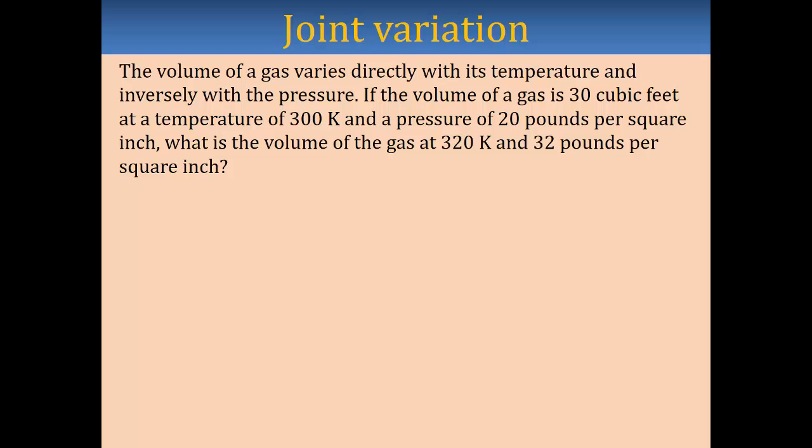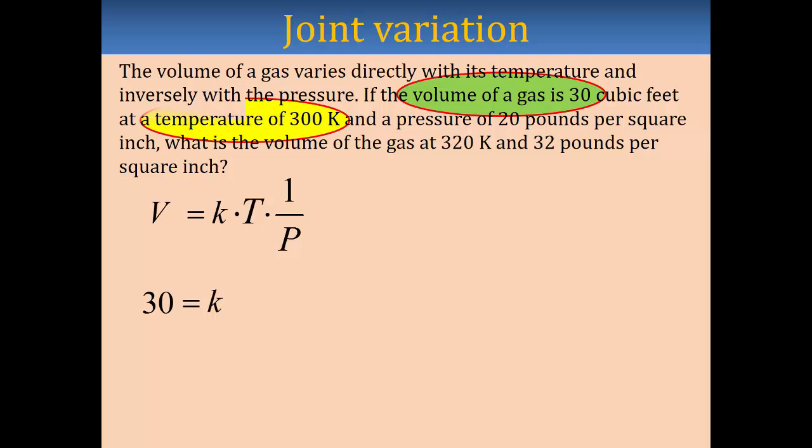And so let's go through one off of the homework again. Starting with the top, the volume V varies equals K. Directly means T. Inversely 1 over P. Second sentence, in place of the V, we're going to use 30.